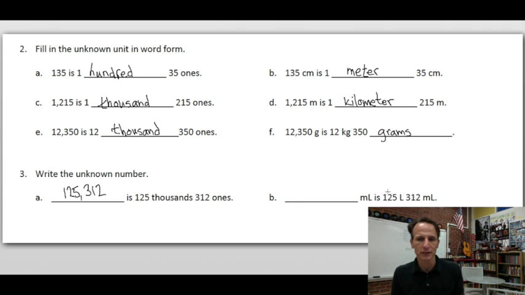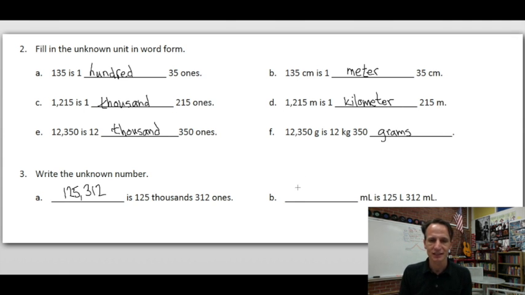Now, thinking about the same number in terms of liters and milliliters, the question is how many milliliters is 125 liters, 312 milliliters? Well, 125 liters would be 125,000 milliliters. You got it.